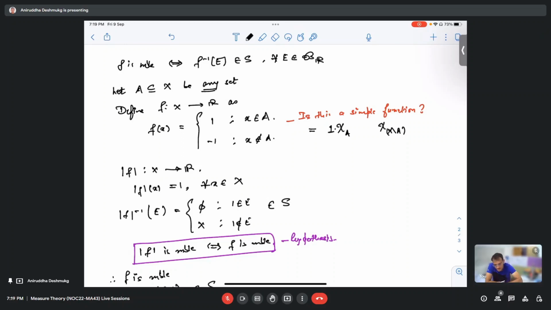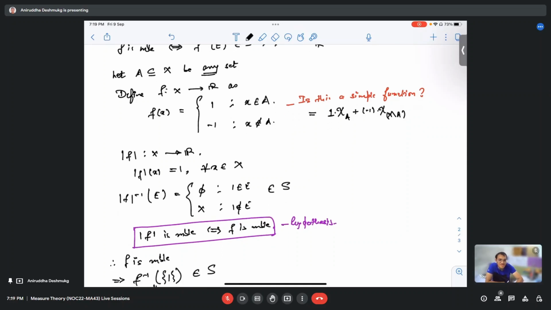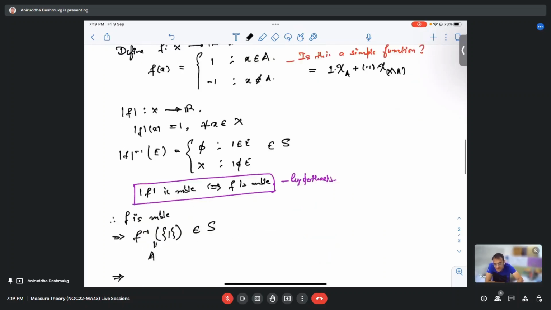If it belongs to the complement of A, then the value is minus 1. So the coefficient is minus 1. So this is 1 times chi A plus minus 1 times chi of X difference A. So this is a simple function, right? Now, this was just an observation, nothing to do with what we have to prove.